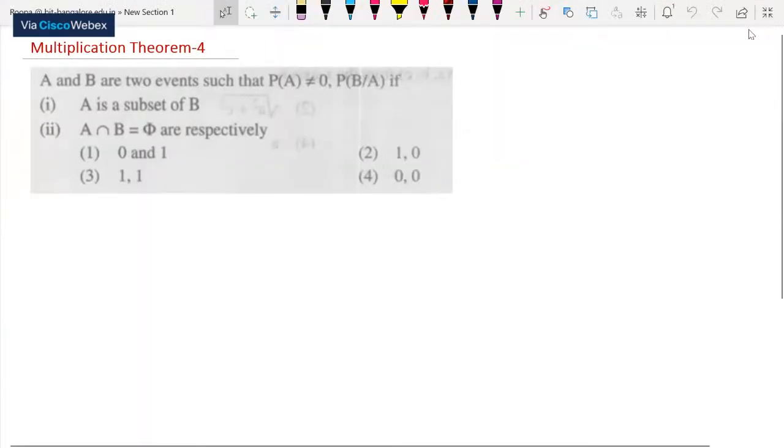Next, move to the multiplication theorem, based on that only. This is also one of the question paper problems. These are the things they give in the question paper only. A and B are two events such that P of A is not equal to 0.